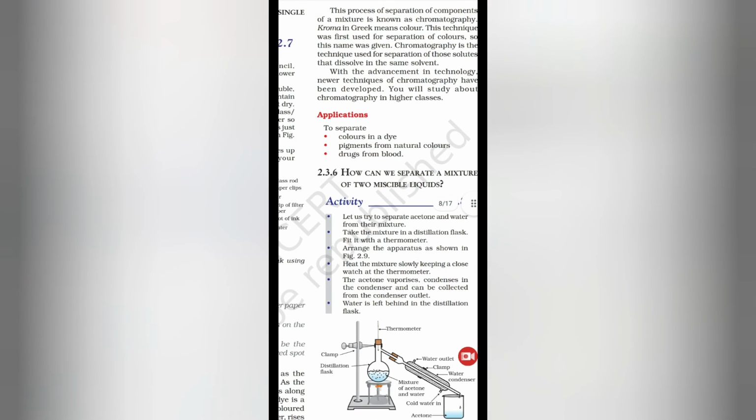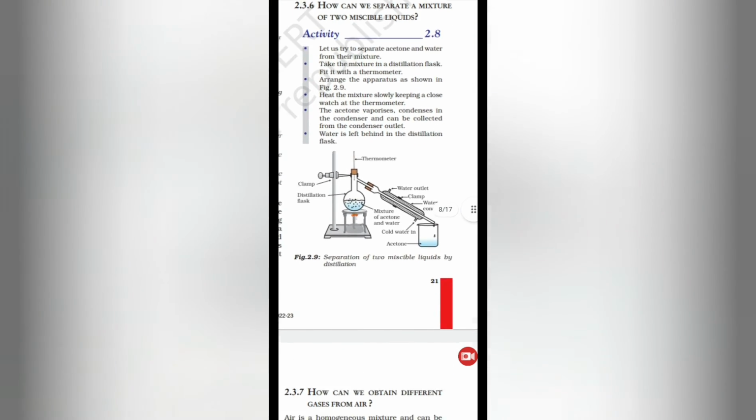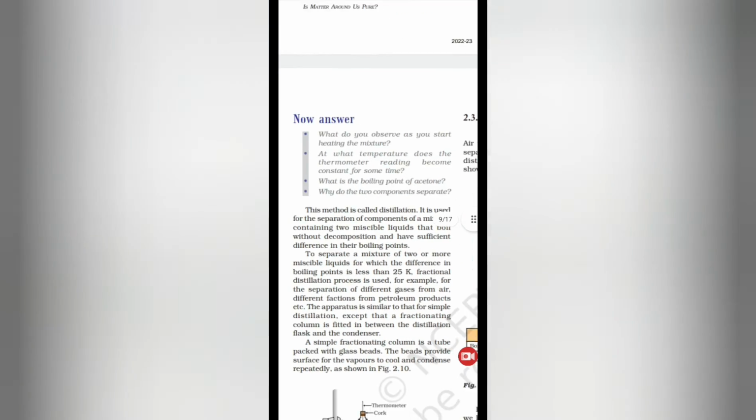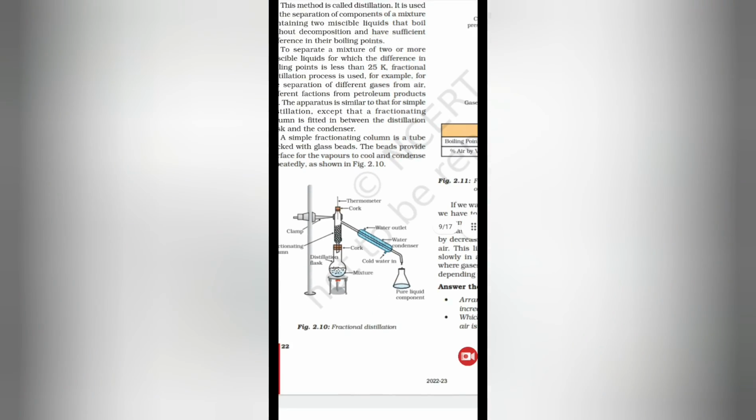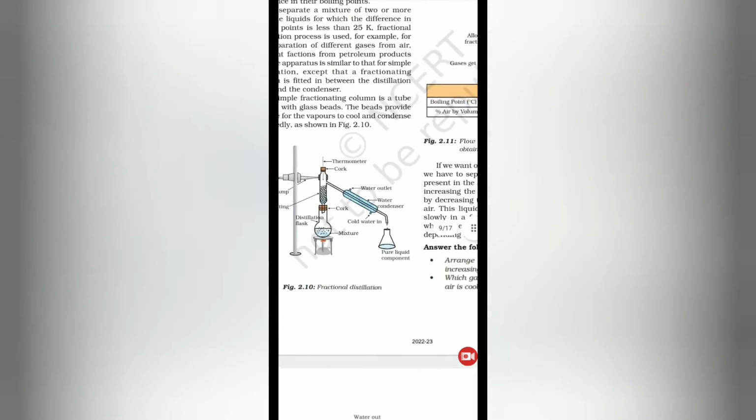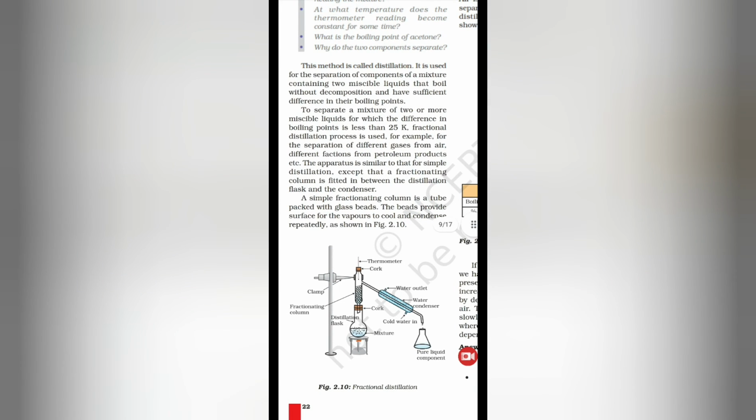So the applications of chromatography are to separate colors in a dye, to separate pigments from natural colors, and drugs from blood. So these are some of the methods, but you have so many other methods to perform the separation of components from a mixture. Okay, thank you.